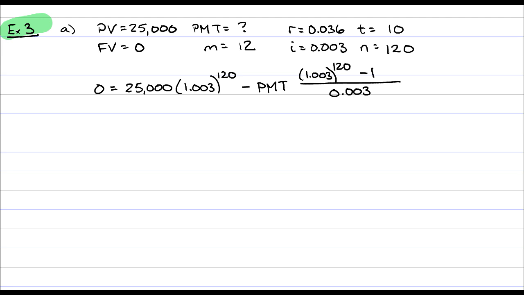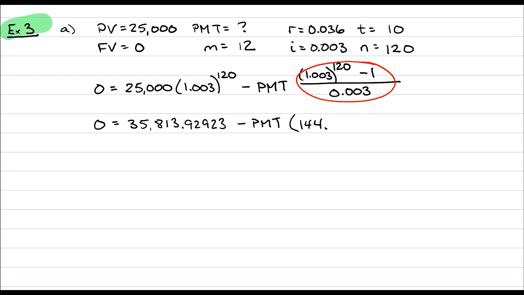Performing a couple of calculations, we get 0 equals 35813.92923 minus PMT times, next I'm going to calculate this quantity, and that gives me 144.1857231. Go ahead and check these. Make sure you're checking these calculations on your own, just to double check that you know the proper way to enter them into your calculator.